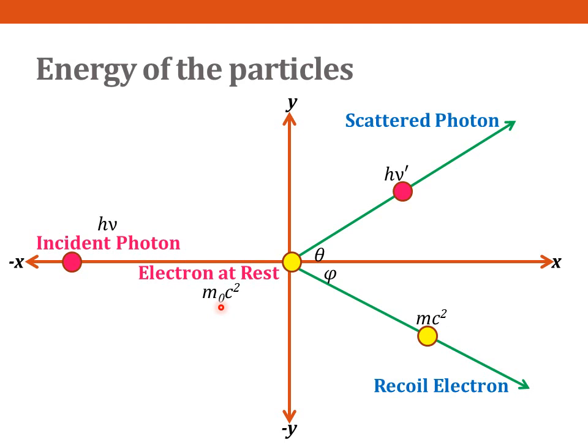During this collision process, a part of the energy is given to the electron, which in turn increases in its kinetic energy, and hence it recoils at an angle phi and moves away with a kinetic energy mc square. The scattered photon, on the other hand, gets scattered at an angle theta and moves away with a small amount of energy h nu prime with respect to the original direction.